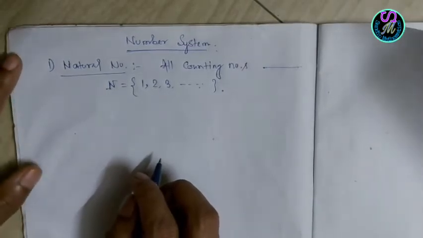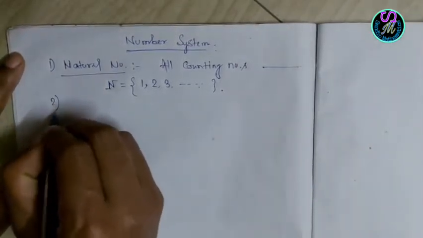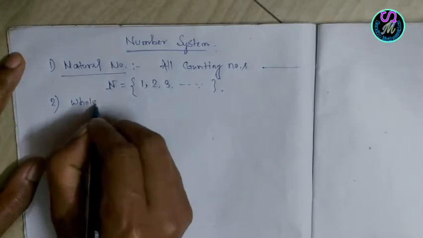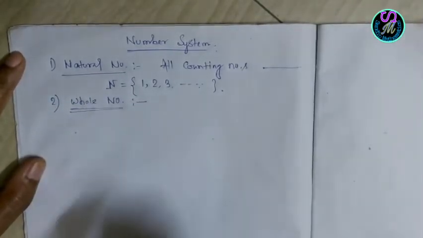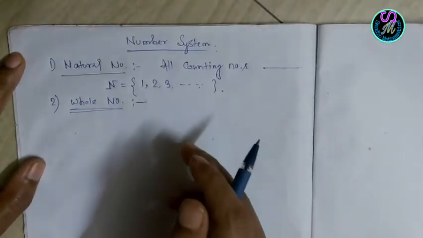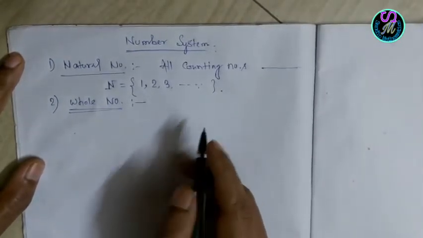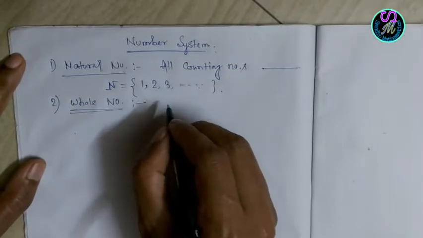Now the second definition is the whole number. Whole numbers mean 0 and all the natural numbers.